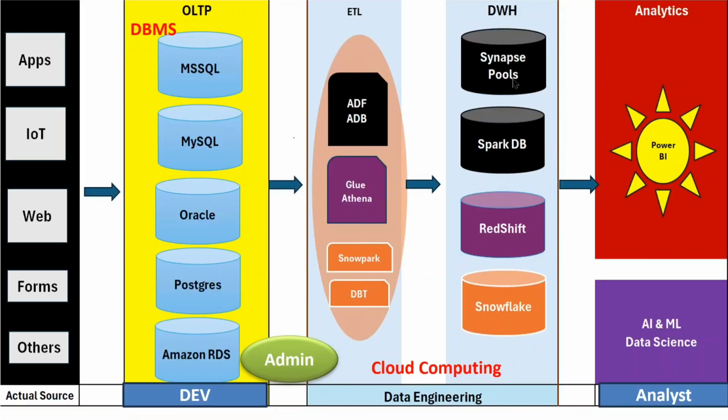So warehouse, the big data, is the backbone for data science, machine learning and AI projects. Remember that. That's why Microsoft is coming with a new certification for engineering and data science combo together, Fabric.